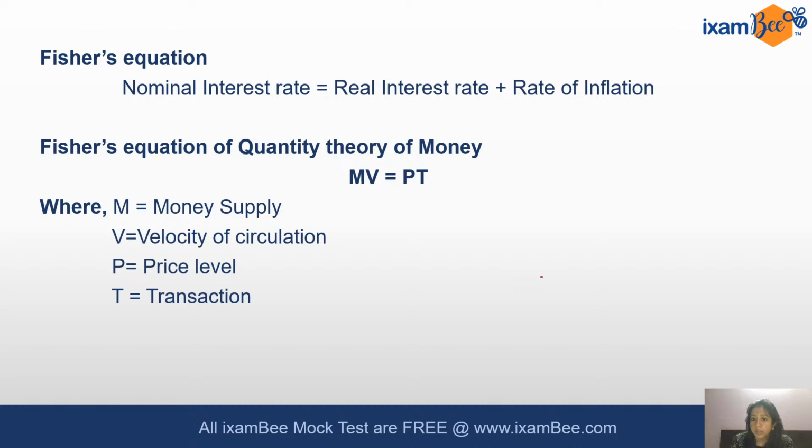Usually we do not get the data; it is very difficult to obtain data on transactions, and therefore we replace it with national income. So instead of T, it is usually Y. So MV equals PY is the equation for the quantity theory of money.